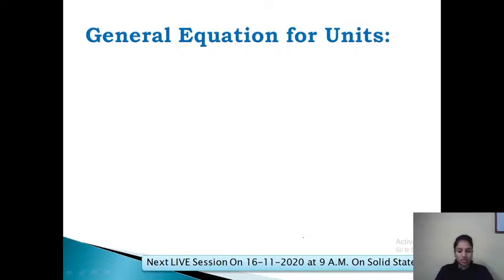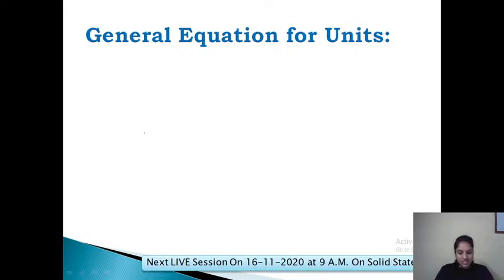Every time it becomes difficult to remember every reaction and say whether it is the first order reaction's unit, or second order reaction's unit, or any other order reaction's unit. So what we can do here is use an expression which tells us how we can calculate the unit of any particular reaction. Let me just write it on the screen.